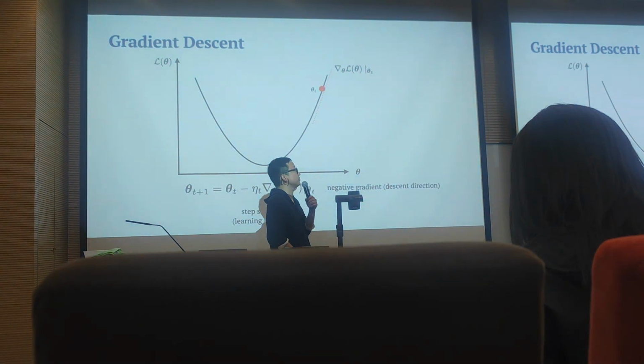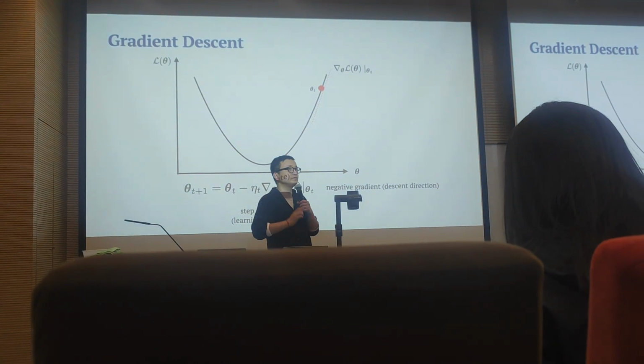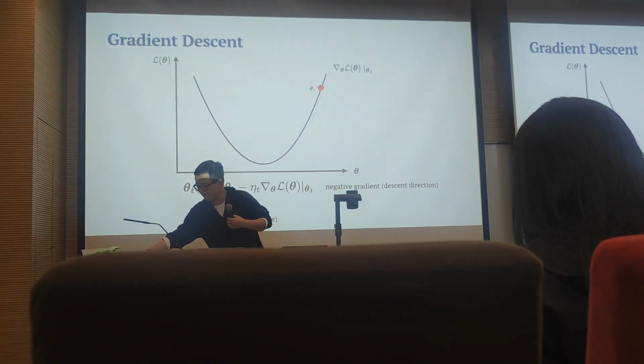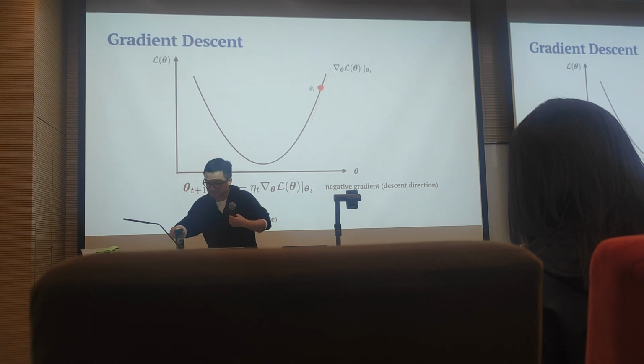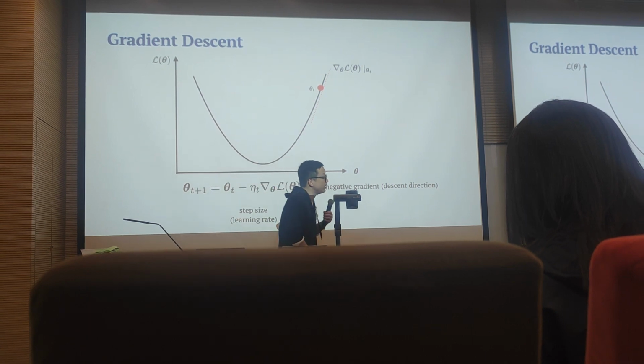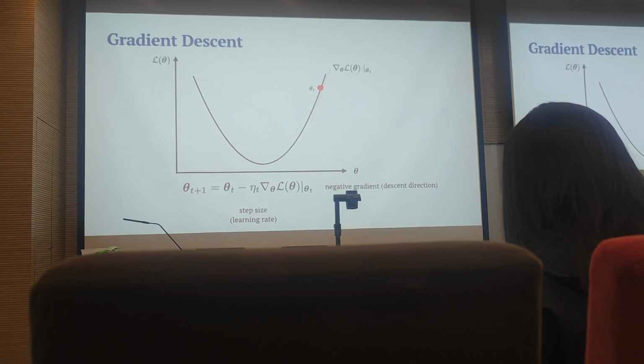One thing is, what is gradient descent? Okay, so you're starting from somewhere. This theta is a very, very simple one. In this loss function, you only have one parameter, and this parameter is theta.